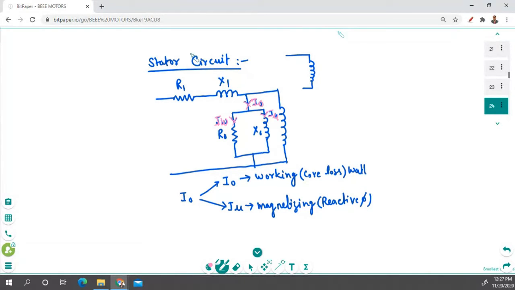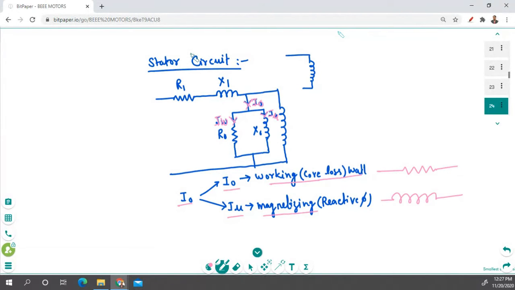We have to calculate the total current, so the total current is divided into IW and I mu. IW is the working component, which gives the core loss, and there is a magnetizing current across the winding, while this current flows through the resistor.